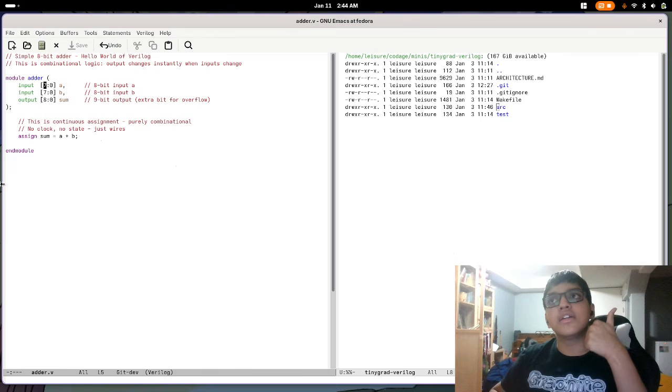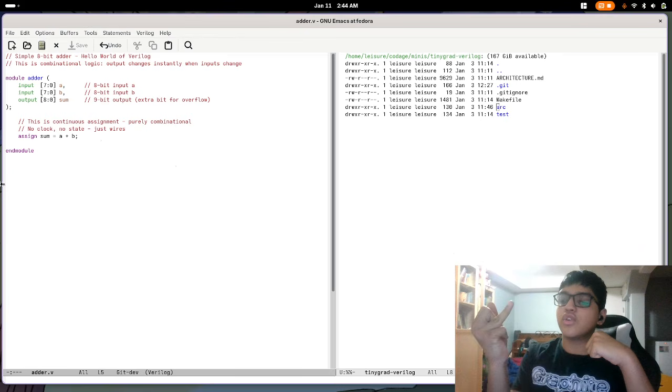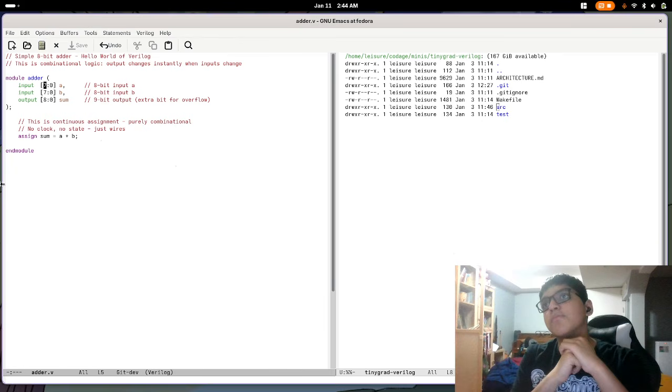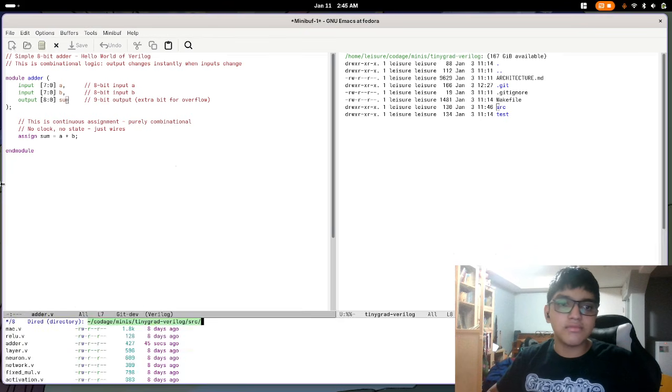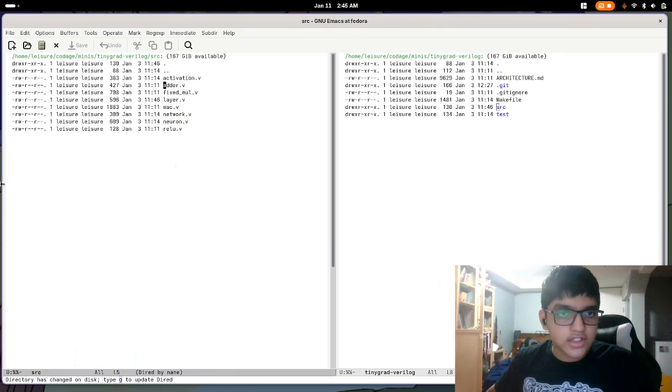That would be 1, 2, 4, 8, 16, 32, 64, 128, so you could store up to 255 in this, and then a 9-bit output. In case it overflows, we have that extra bit, so you can tell it overflowed.